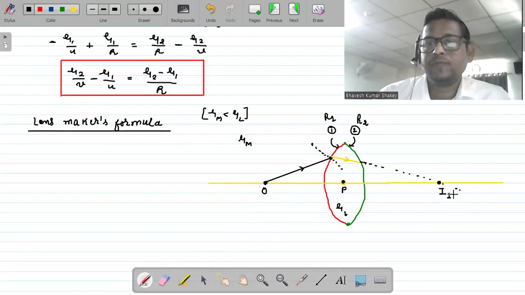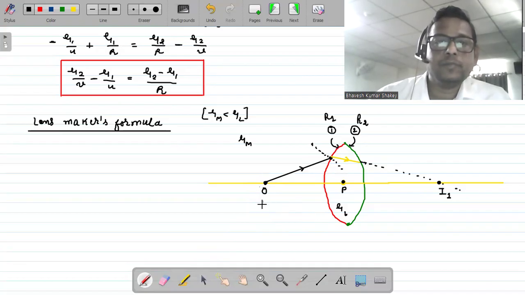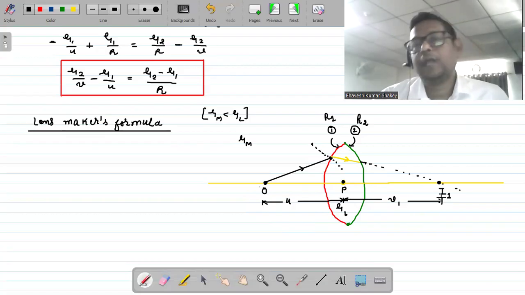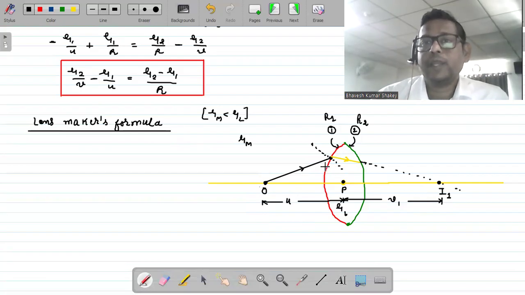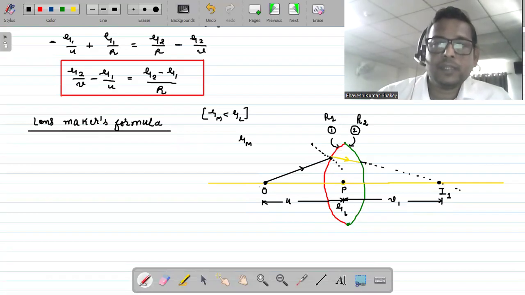Now let's see the distance from the object to this point P. This distance is called U, the object distance, and the distance from P to image 1 is called V1. Again, I am repeating: what is I1? I1 is the image of this object formed by the first spherical surface. Now this ray reaches this point.